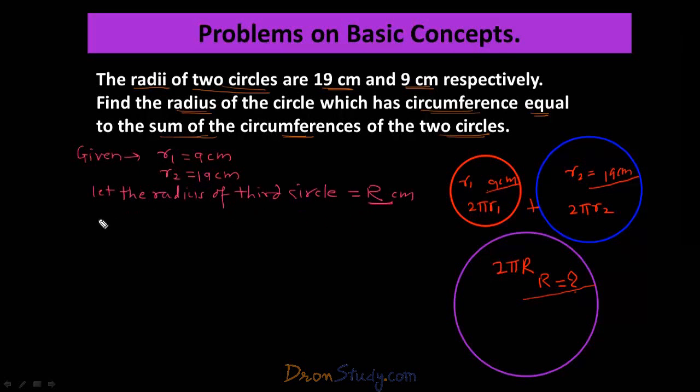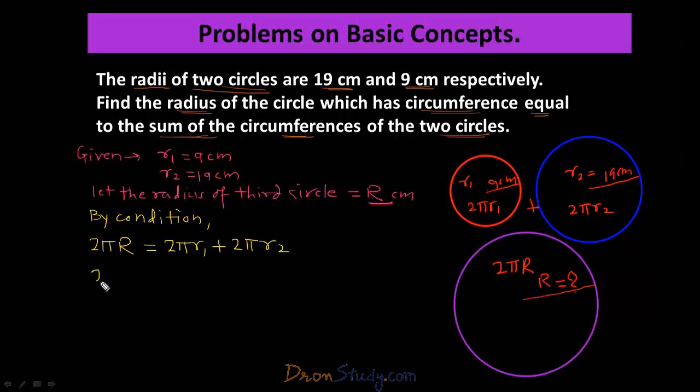So here by condition, 2 pi r, the circumference of the third circle, is equal to the circumference of the first circle, 2 pi r1, plus the circumference of the second circle, that is 2 pi r2.